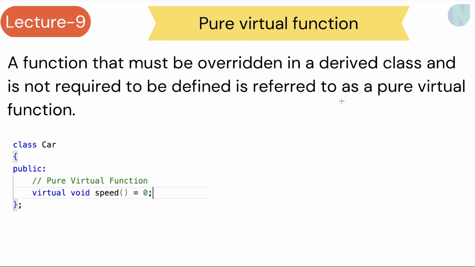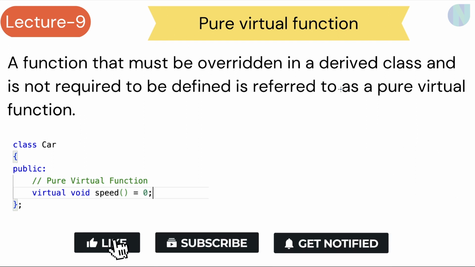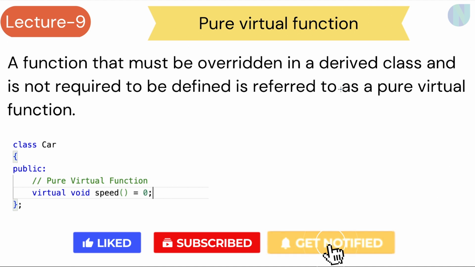So I guess you wouldn't have a good understanding of pure virtual function till now. But from the definition, you can understand it in this way. Pure virtual function क्या होता है? It's a function that must be overridden. तो overridden क्या होता है?